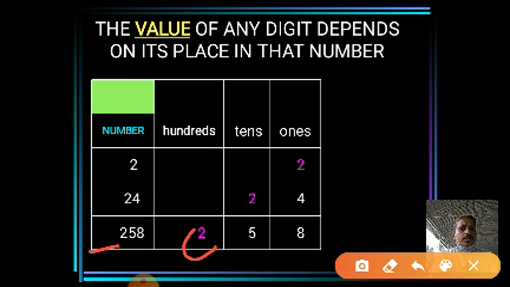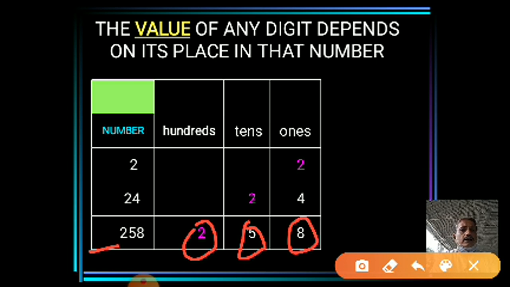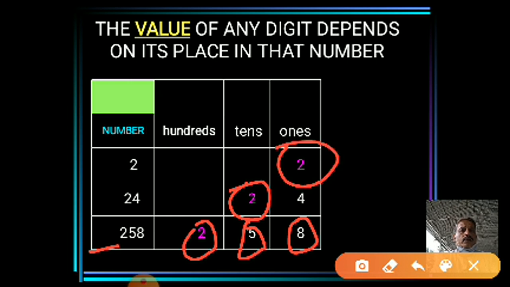So 2 is written in the 100 place, 5 under the tens place and 8 under the ones place. Did you observe? Here the digit 2 is there, but everywhere the value of 2 is different. In this case it is 200, in this case it is 20, in this case it is only 2.